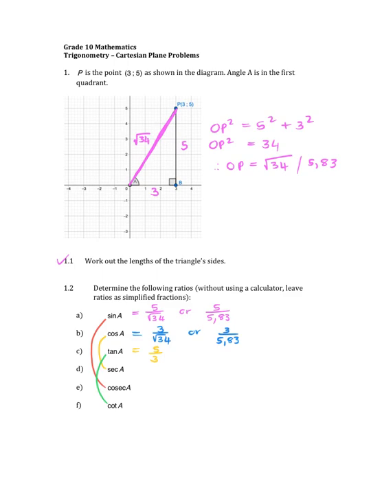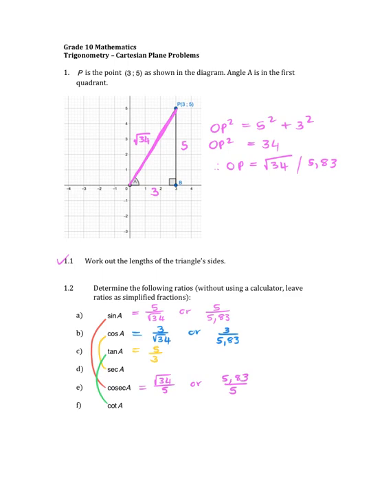So if sine of A is 5 over root 34, cosec A will be root 34 over 5, or 5,83 over 5. You're literally just going to take those fractions you've already determined and flip them over.